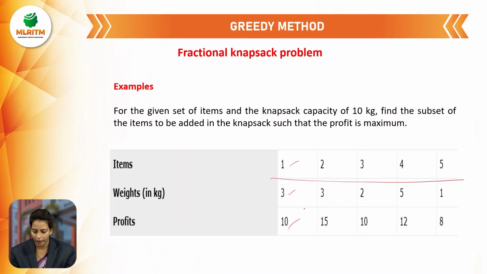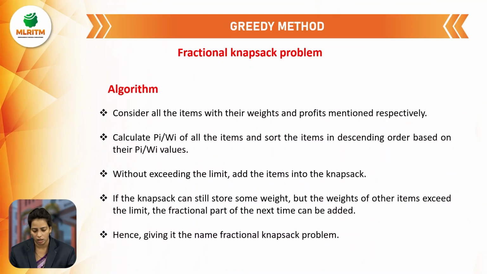Second item weight is 3 kgs, profit is 15. Third item weight is 2 kgs, profit is 10. Fourth item weight is 5 kgs, profit is 20. Fifth item weight is 1, profit is 8. So we consider 5 items here, with their weights and profits.